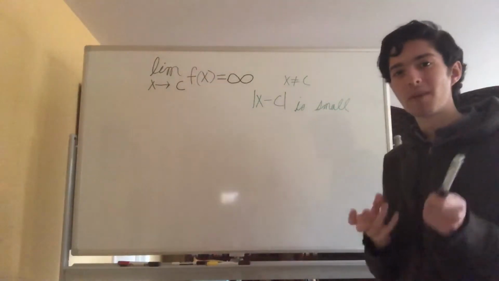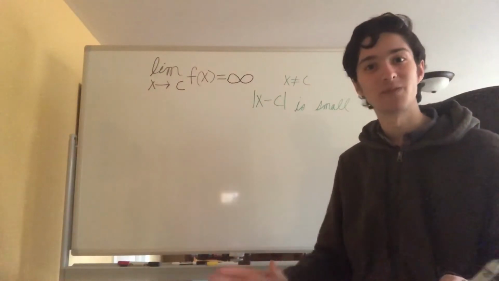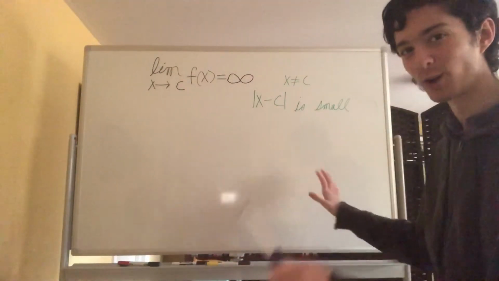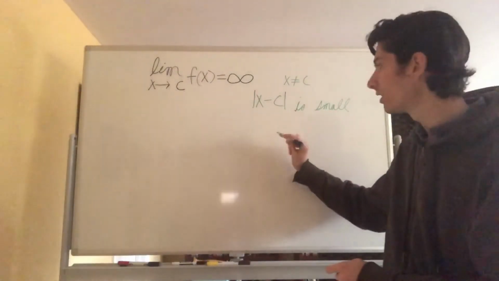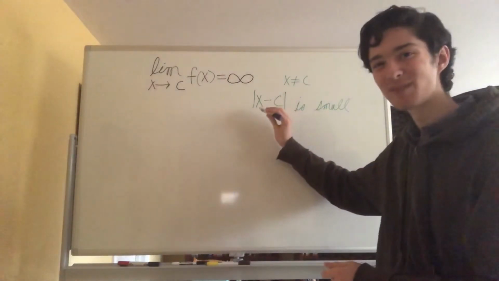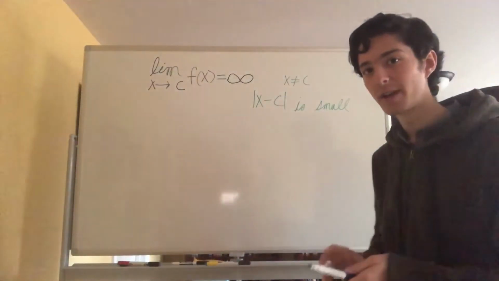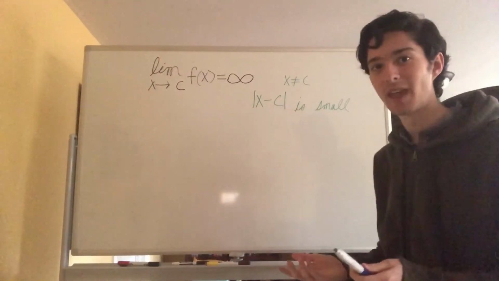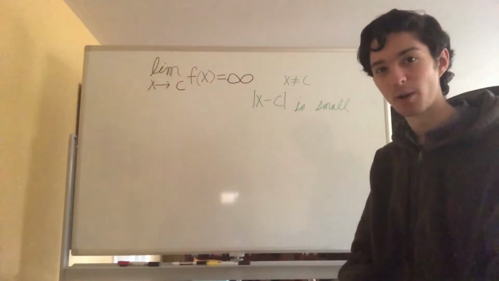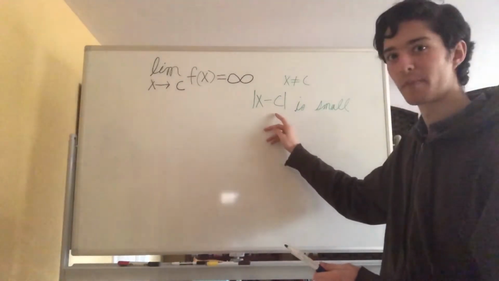But let's say we want to make this more concise, right? We're going to come up with a definition. If you've seen the last videos, you know there ends up being a bunch of words. So what happens if you plug in c into this expression right here? You get c minus c, which is 0. And the absolute value of 0 is 0. So we know that this is not equal to 0.